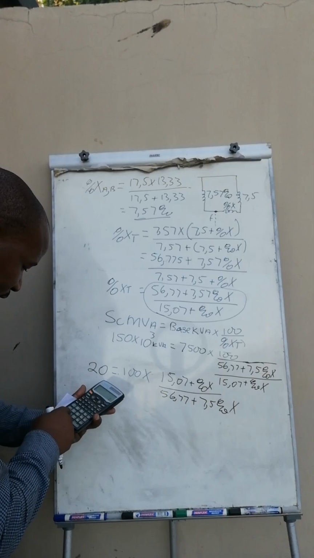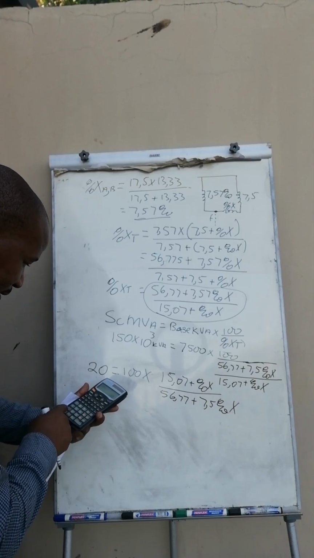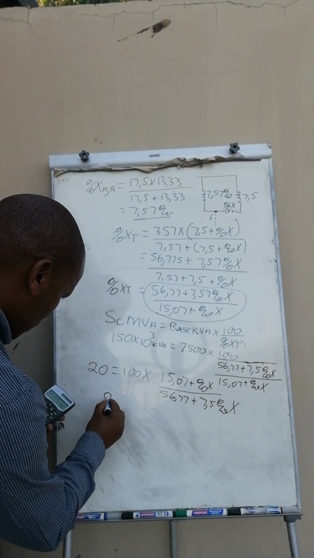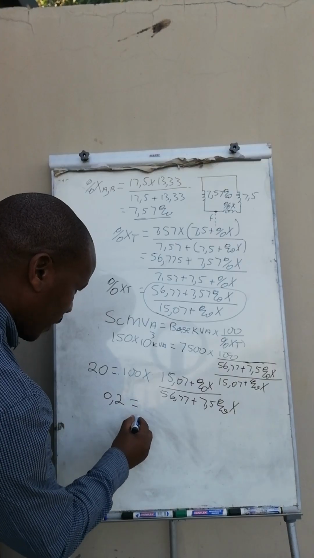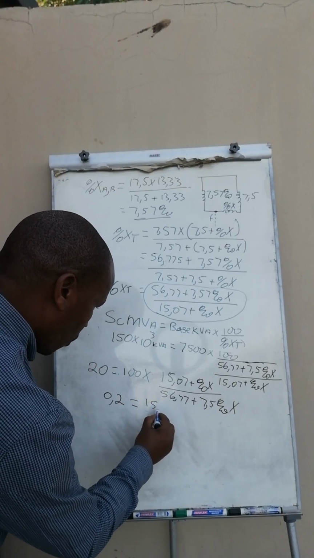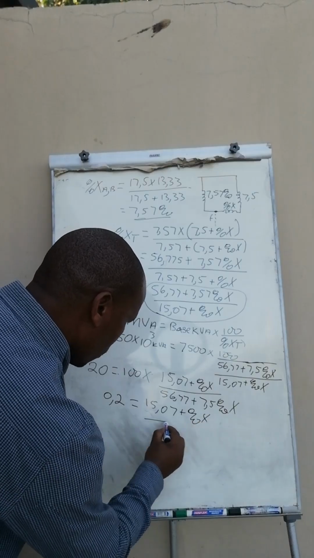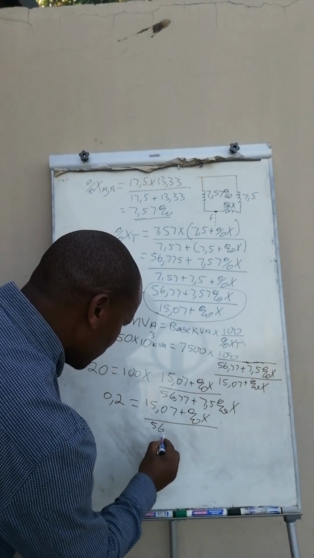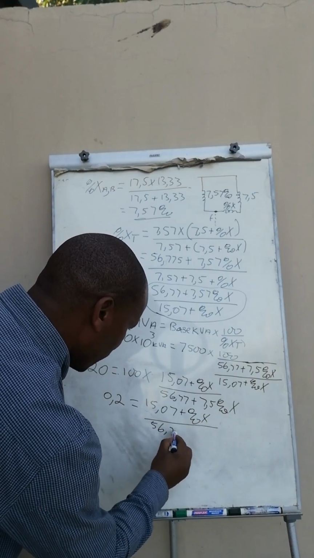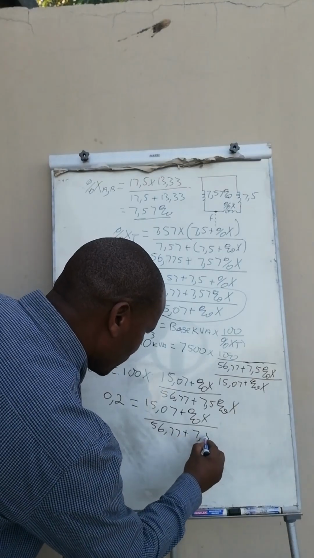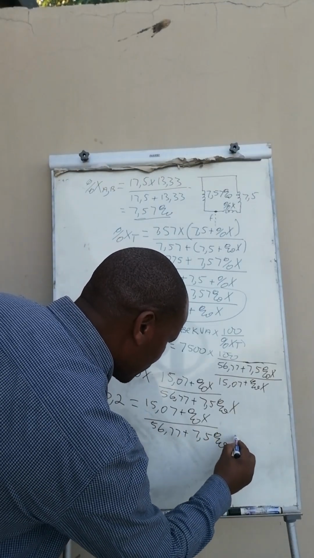Let's divide by 100. 20 divided by 100 is equals to what? 0.2 is equals to 15.07 plus percentage x all over 56.77 plus 7.5 percentage x.